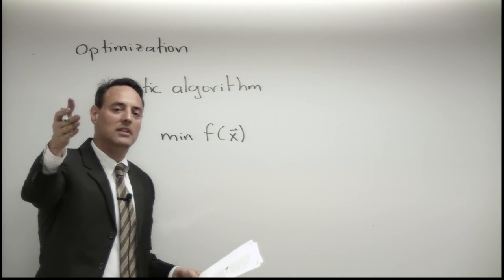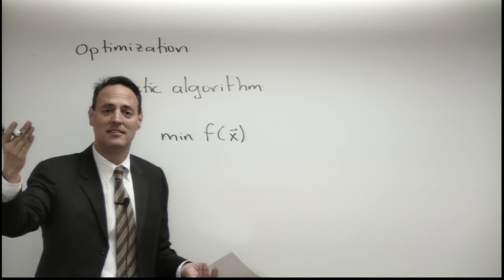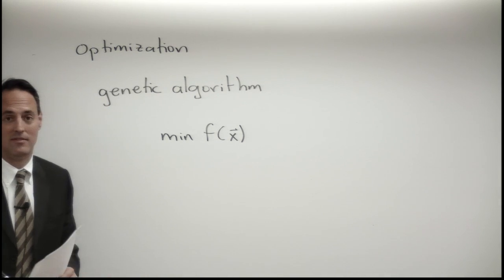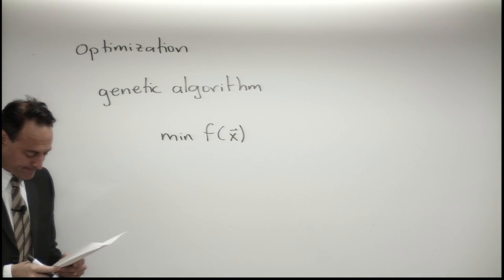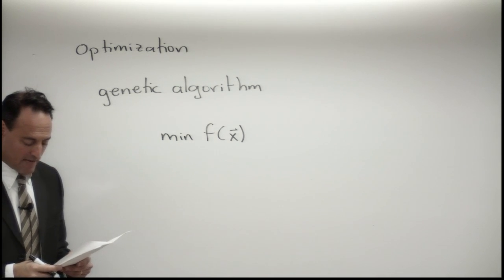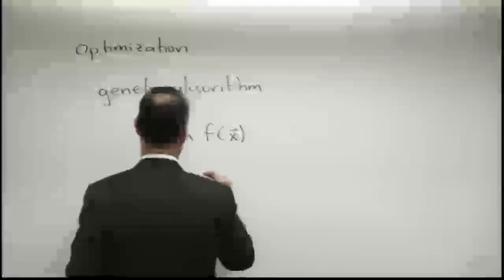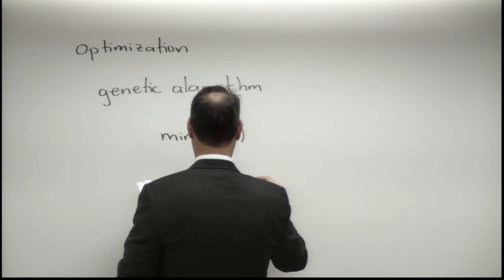When in doubt, and you've got nothing else, you can always guess, right? So why don't we do so? Here's how the genetic algorithm works. I don't know how to get values of x, so I'm going to guess some. So let's pick a bunch of guesses.